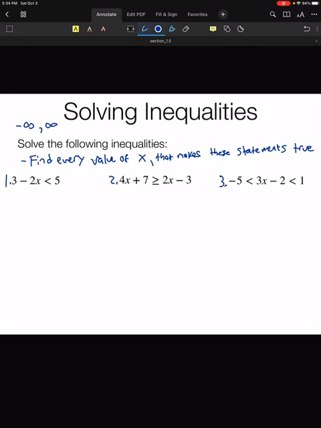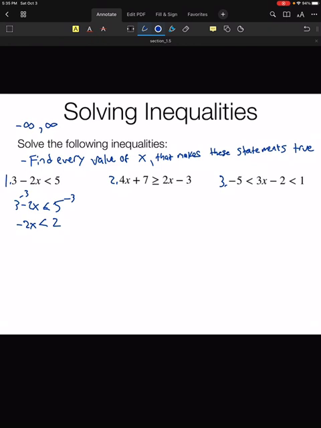So problem 1, I've got 3 minus 2x is less than 5. I like to rewrite my problems just so I've got some more room. I want to get the x alone. I subtract 3 from both sides, and so I get negative 2x is less than 2. As long as I do it to both sides, nothing changes.